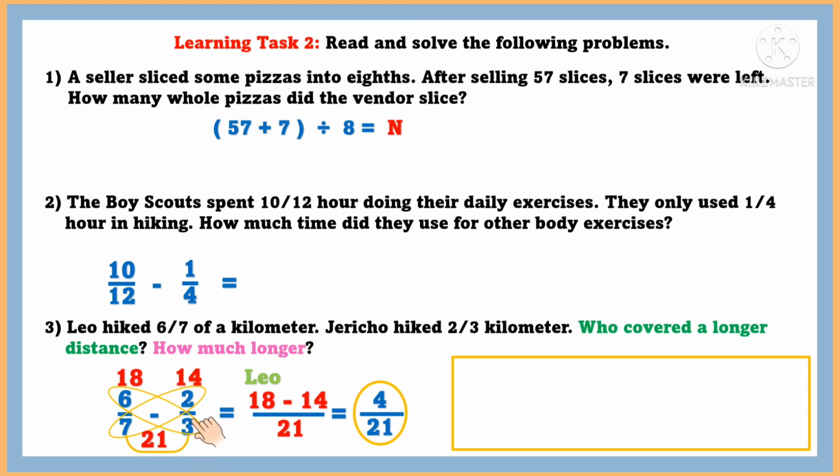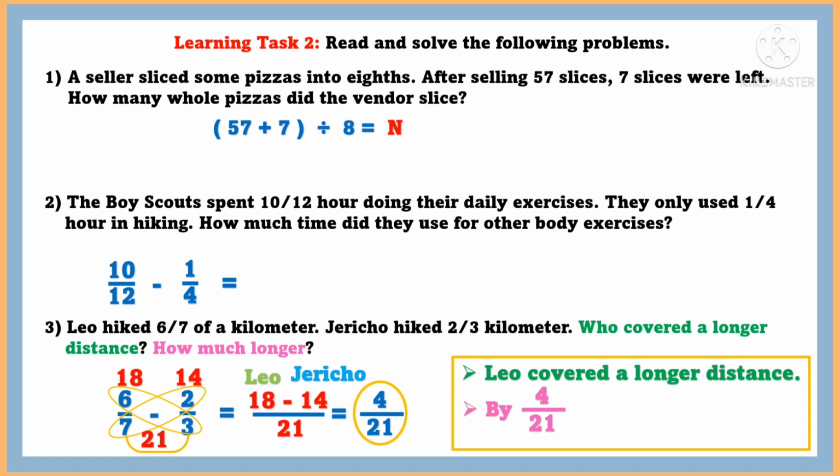Ang equivalent naman ng 2/3 ay 14/21. At ito naman ang distance o layo na narating ni Jericho. Now, who covered a longer distance? Correct! Leo covered a longer distance. And by how much longer? By 4/21. Okay? Ngayon naman ay sagutan mo ang mga kasunod na bilang.